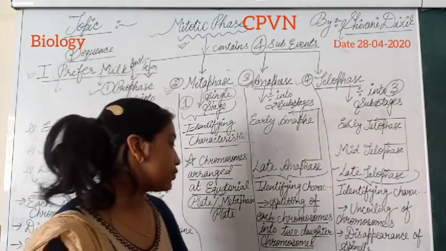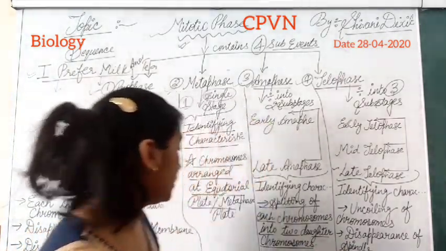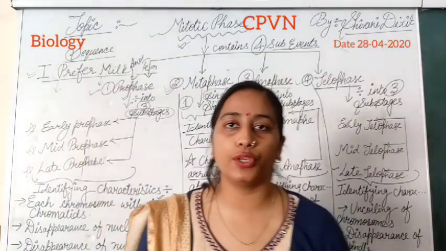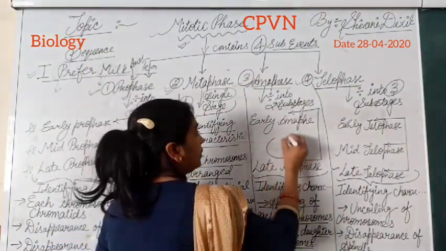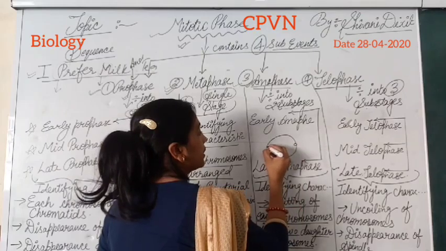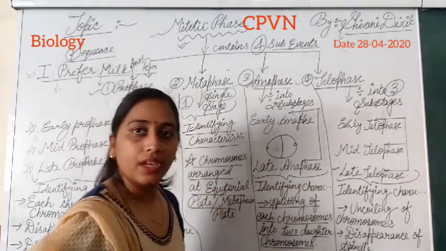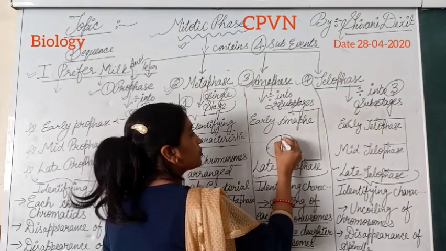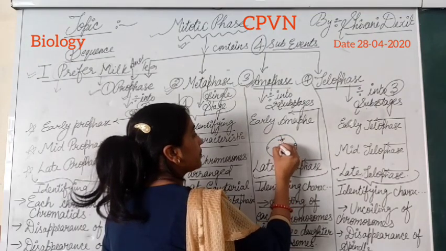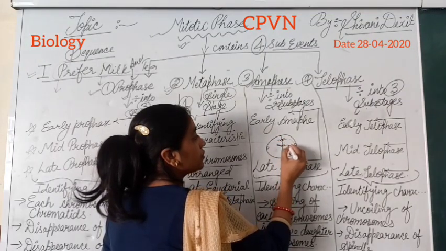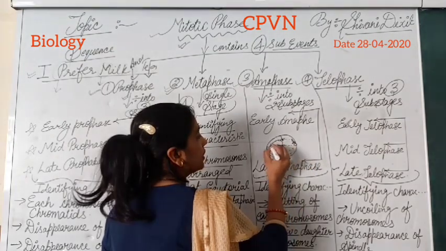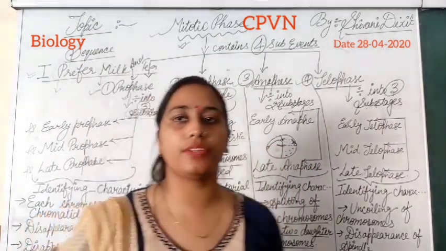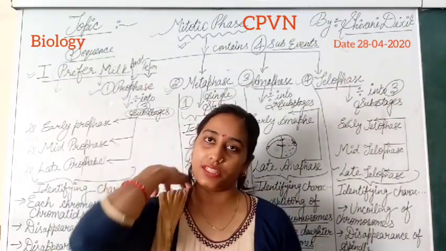Next, movement of daughter chromosomes towards the opposite poles. I have told you that the cell has poles. This is an equator line, and when these chromosomes are arranged on the equator, they start moving towards the opposite poles. Chromosomes will be arranged here, right? With the help of a diagram we will discuss it in detail.